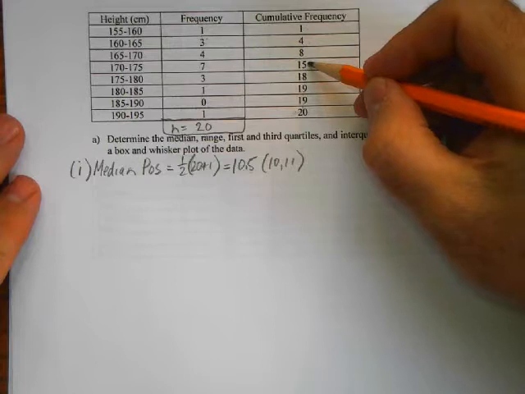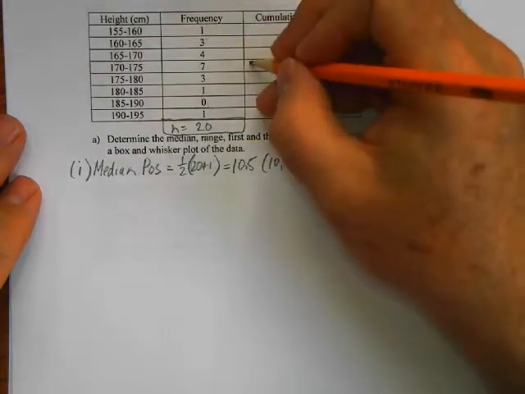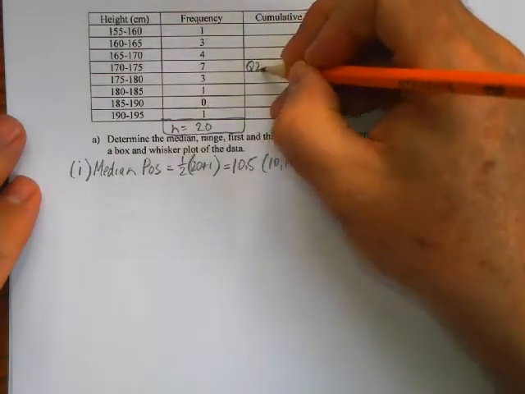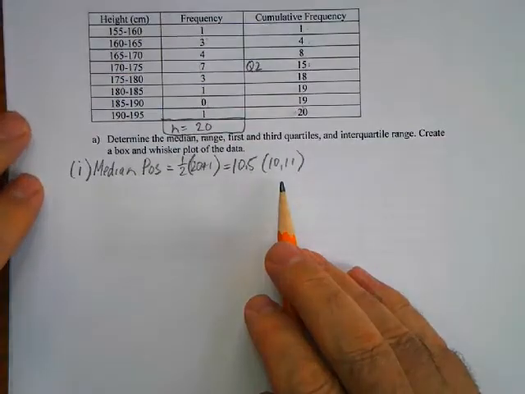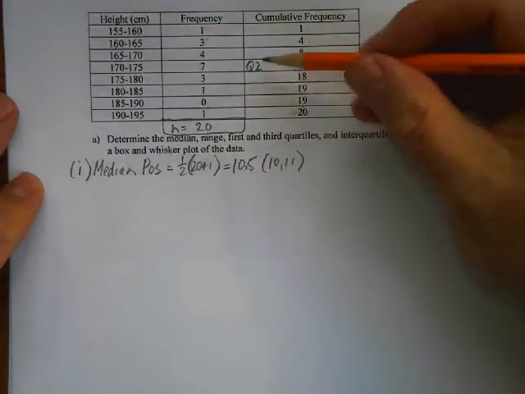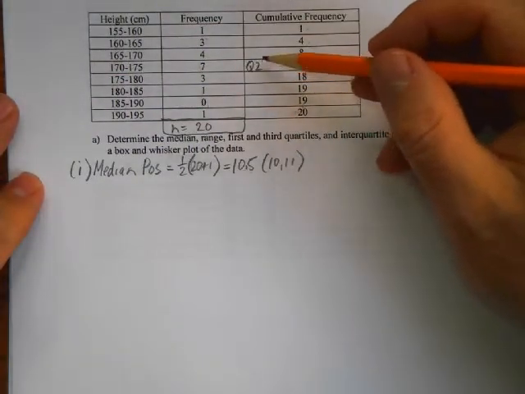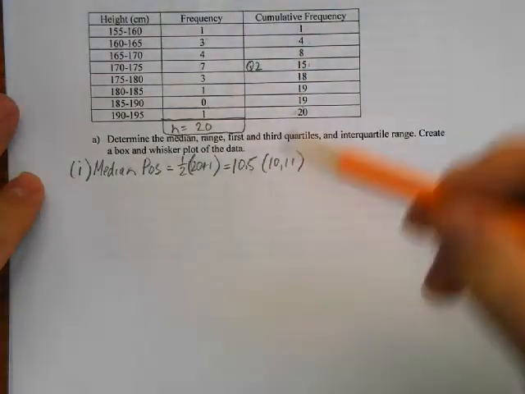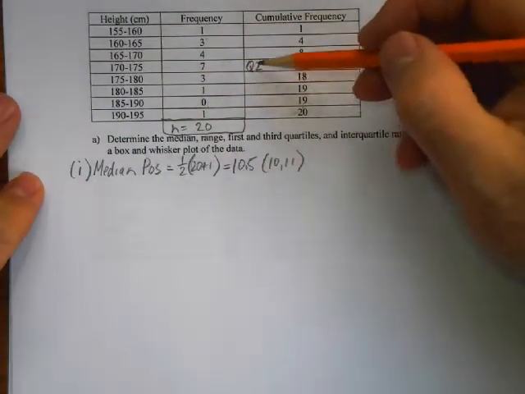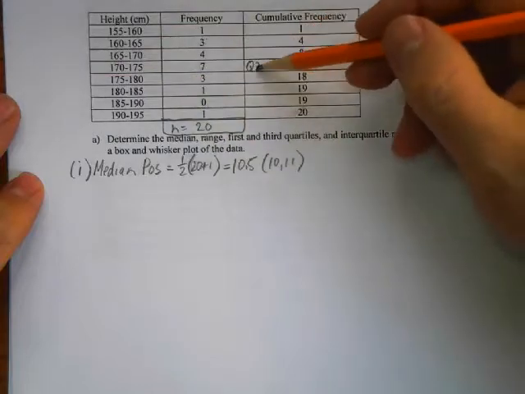Okay, so I'm actually going to go over here, and that's Q2, or median, either way. So Q2 is in this group, and you notice 10, 11 are both in there, so I don't need to look in two different groups. It's the same group.